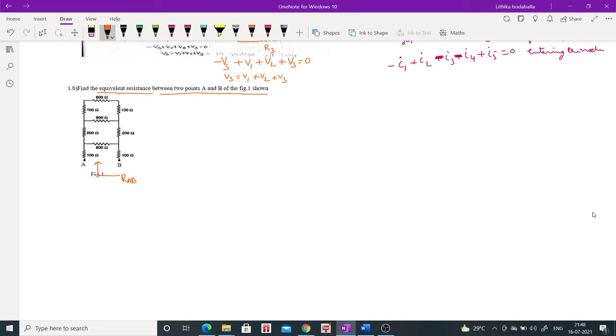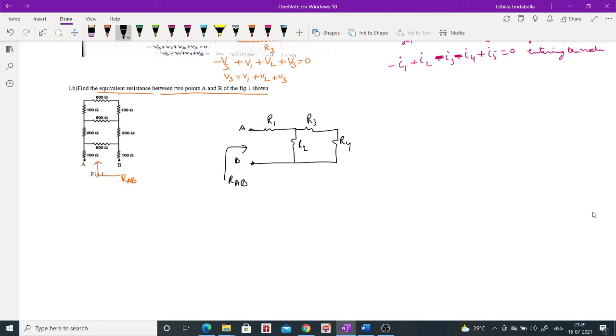Generally when we are explaining, we saw circuits like this, and we represent A, B and use it to find RAB like this. But in this circuit, he has given the same circuit, just tilted in order to confuse you.